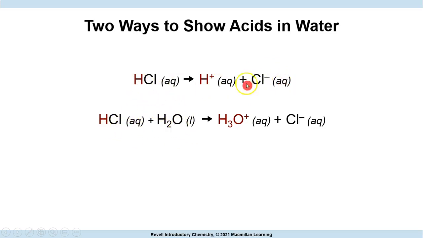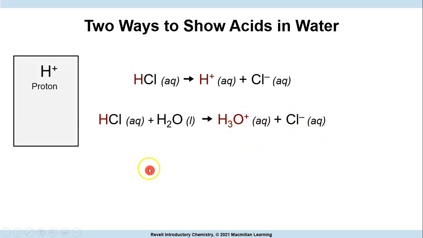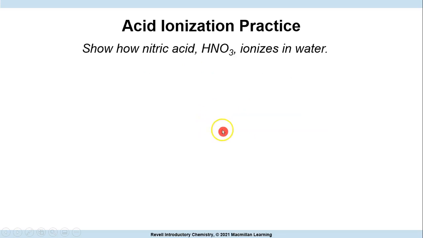In the first equation, we did not include water. In the second equation, you include water, so we see that the hydrochloric acid is going to produce the hydronium ion and the chloride ion in water. So the hydrogen ion here is called a proton in the first case, and this is called the hydronium ion.